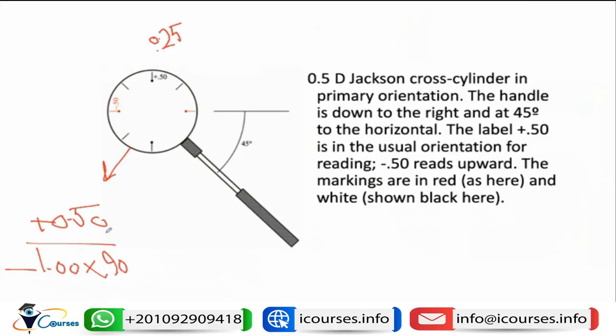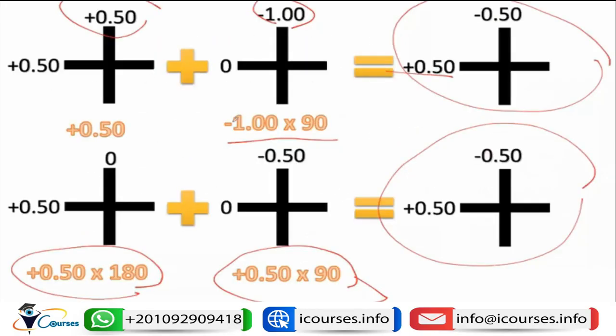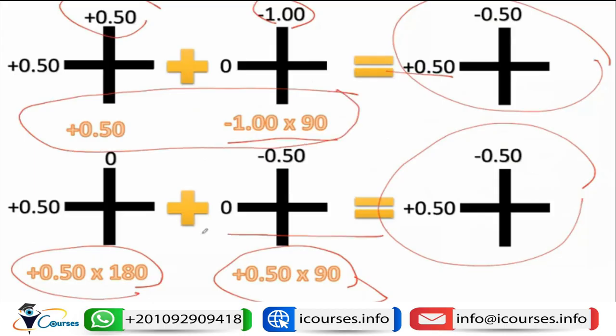So in case of the Jacksonian cross cylinder, it has minus 0.5 diopters cylinder mounted together like here. This will be the same like this. Please concentrate well.